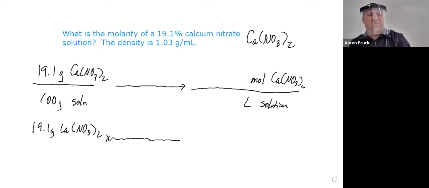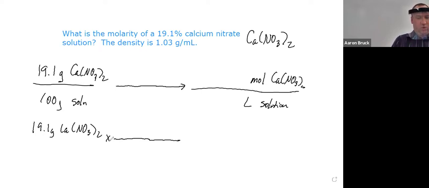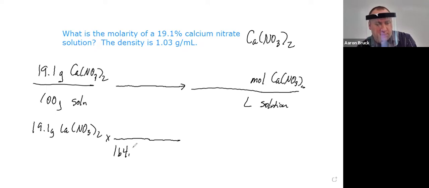So I need the molar mass of calcium nitrate. Calcium is 40.08. Nitrogen is 14.01, and there are two of them. Oxygen is 16, and there are 6 of them. 164.10 grams of calcium nitrate in every mole.